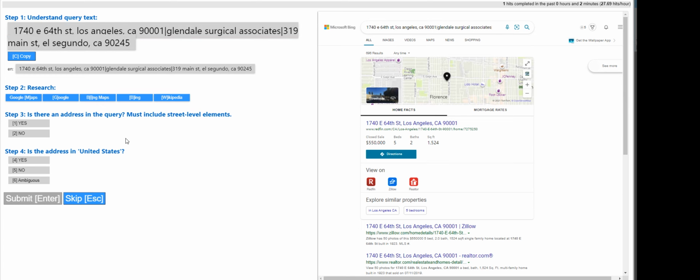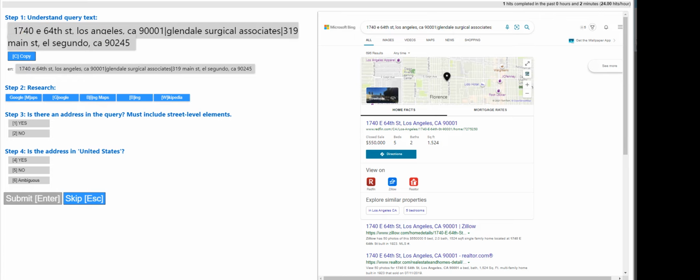So, is there an address in the query? It must include street level elements. Street level elements would be like the street name, the street number, the location, if it's a road or a lane, those things. So for this one, it has all those street level elements.